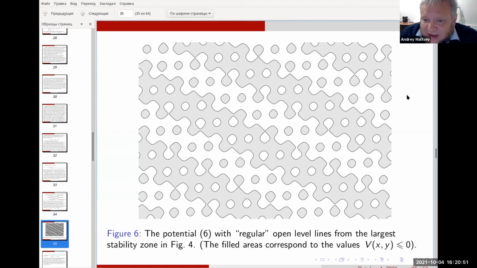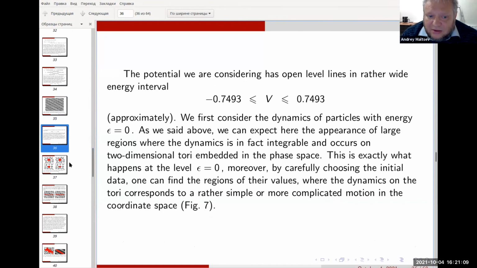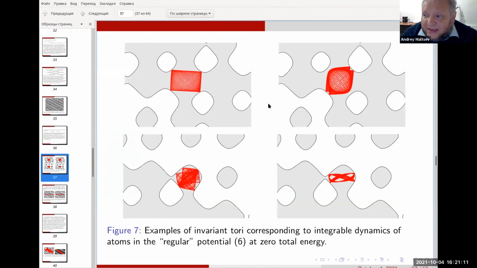This is the example of a regular potential. So we can see that all the accessibility regions are regular, have regular geometry here. But if we consider the dynamics of atoms in such regions, we can see that in these regions, we can have different types of dynamics.